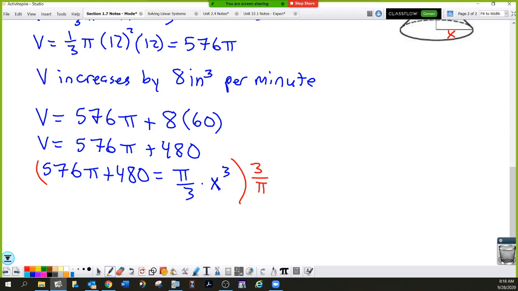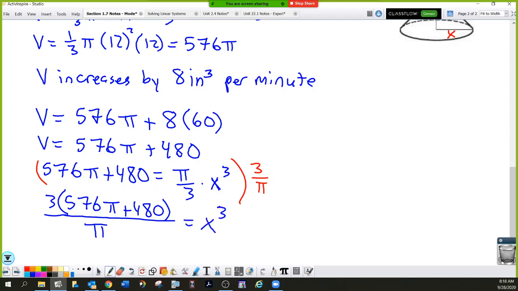That'll cancel it on the right side. And on the left side, we're going to get 576 pi plus 480, all times 3 over pi. I'm not going to actually figure out what this number is because it's not really worth our time, because this is a calculator question.